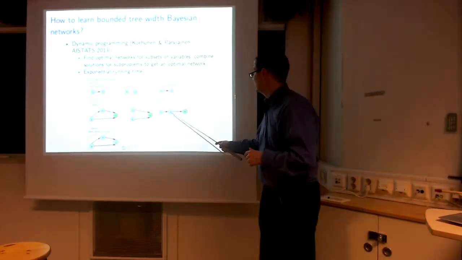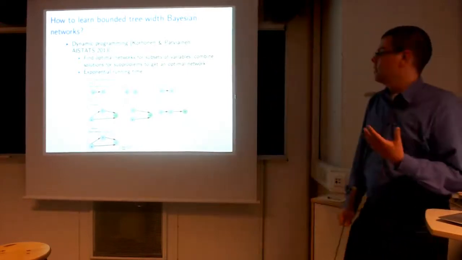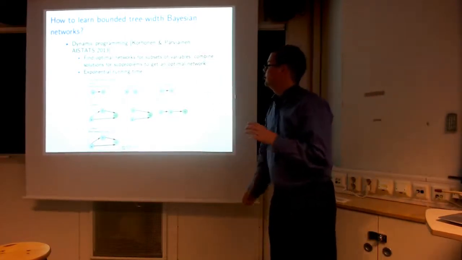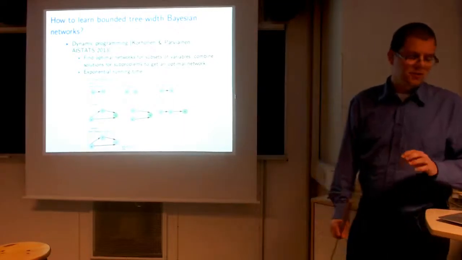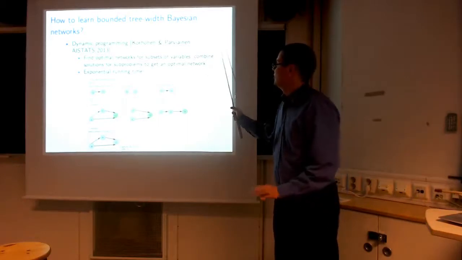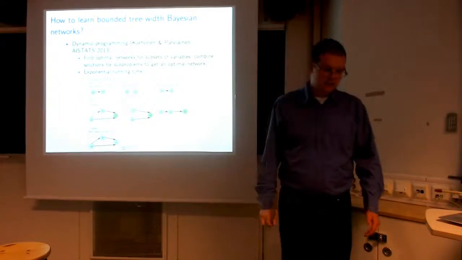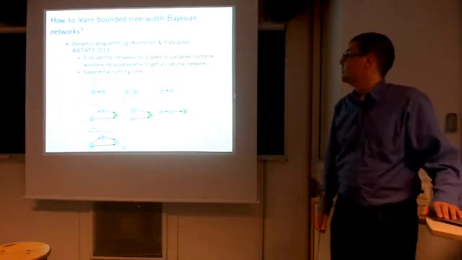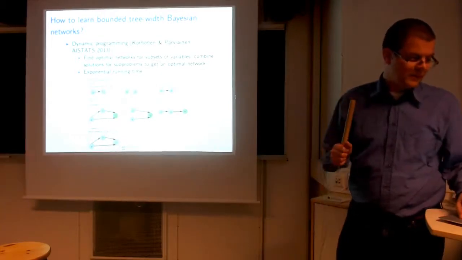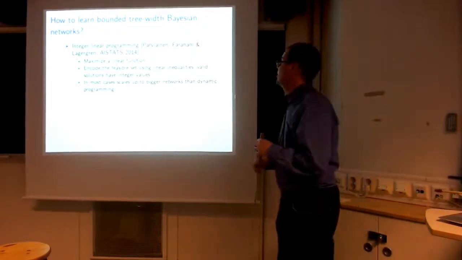This is an example of how this dynamic programming works for Bayesian networks without the tree width constraint. With the tree width constraint, this gets quite complicated, with lots of nasty bookkeeping, so we're not going through that algorithm in detail. Of course, it has exponential running time, and it really does not scale up in practice.